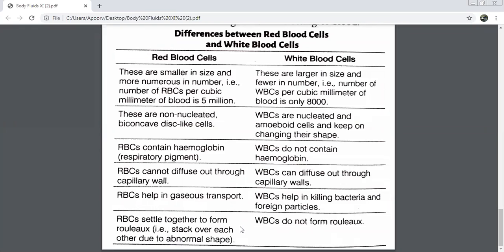You don't get a normal pillar shape. Then this is known as rouleaux. RBCs are one over the other, they stack, but the shape is not normal. WBCs do not form rouleaux. Stacking does not take place in WBCs.